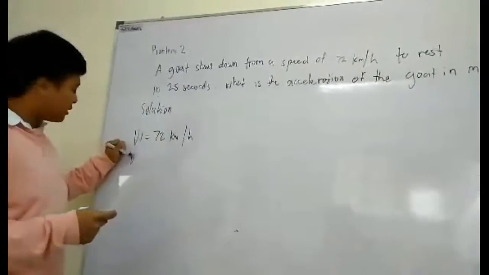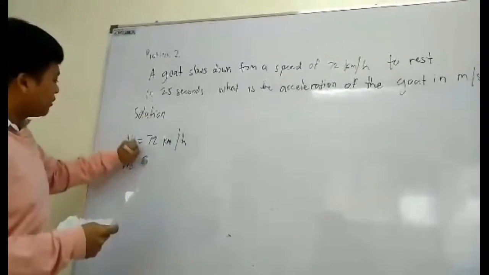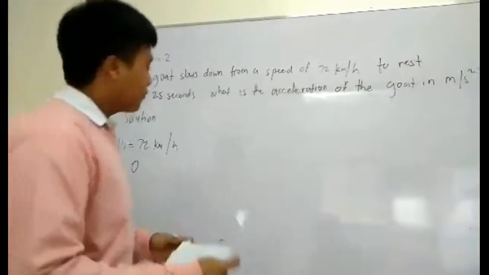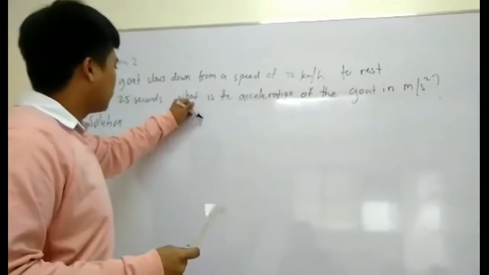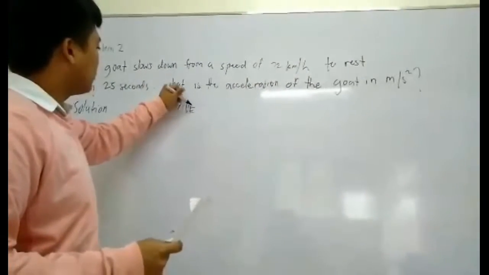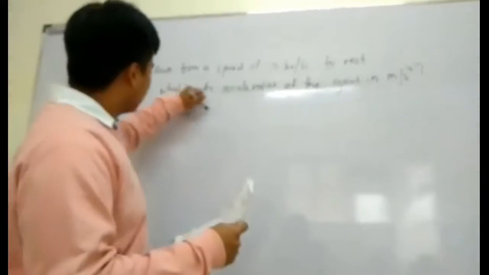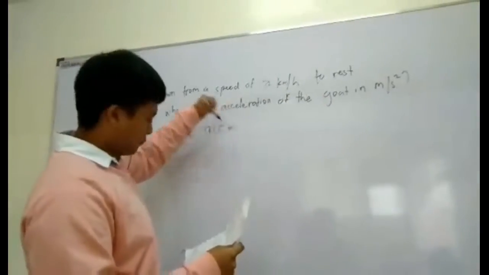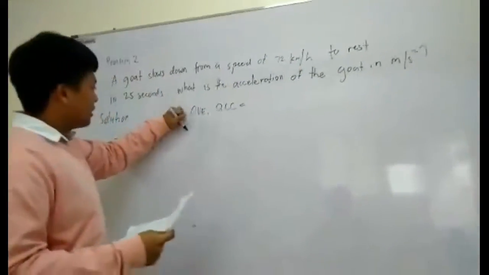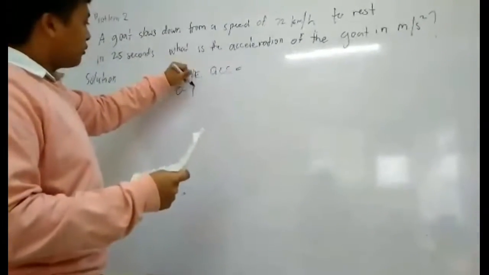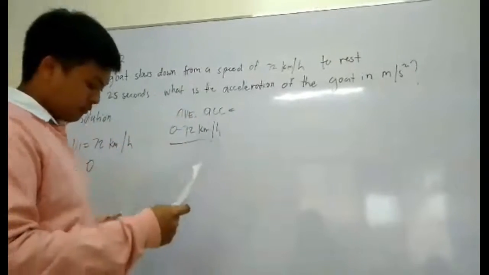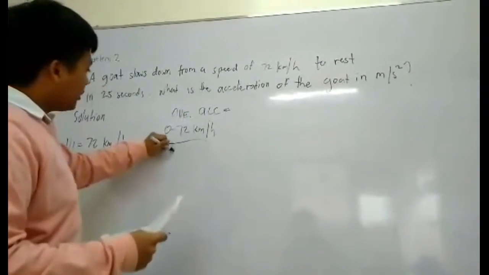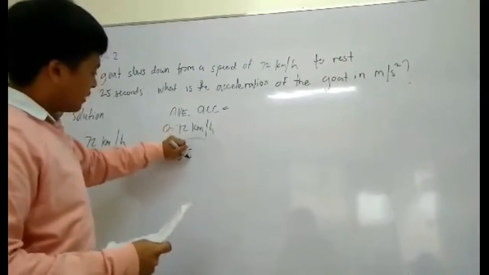The final velocity is 0. Next, we will compute the average acceleration. Minus 72 kilometers per hour over 25 seconds.